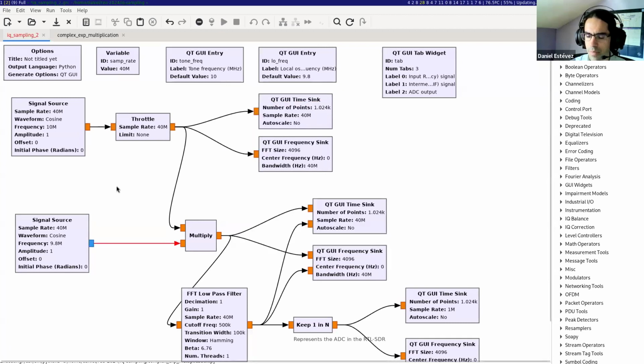And that might not make sense at first, since in the RTL SDR, this is an electronics component. So this is basically a cable and there is voltage here. So what does it mean to have a complex signal? It actually means two real signals. So the real and imaginary part, each with two cables.